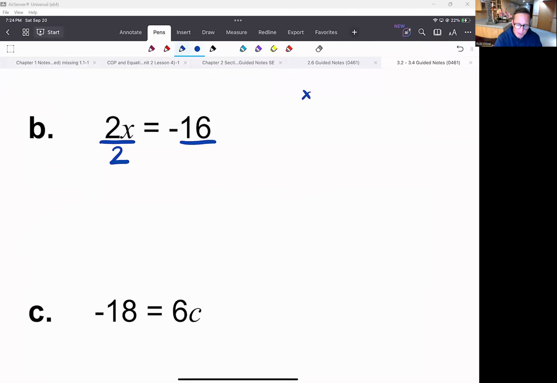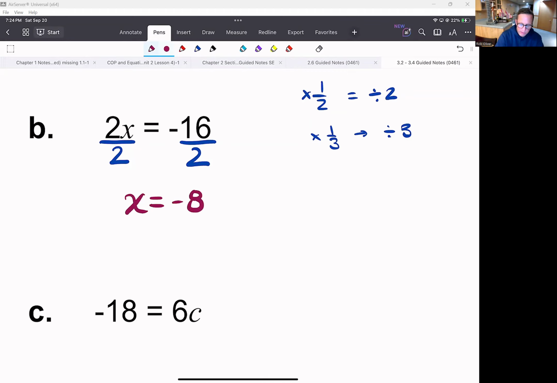Multiplying something by 1/2 is the same thing as dividing by 2, and multiplying by 1/3 is the same thing as dividing by 3. Kind of get that connection? You're probably familiar with that. And -16 divided by 2 is -8. That's the answer, the solution to x at least. x equals -8.